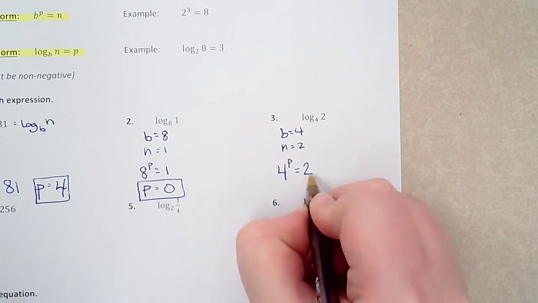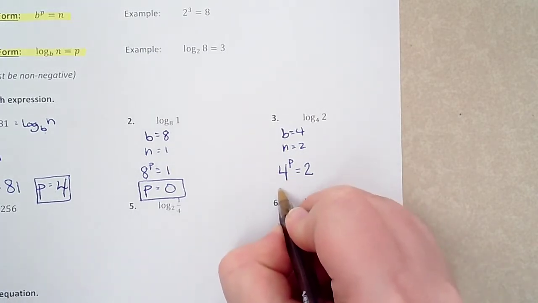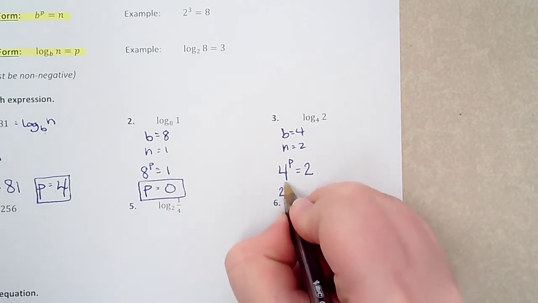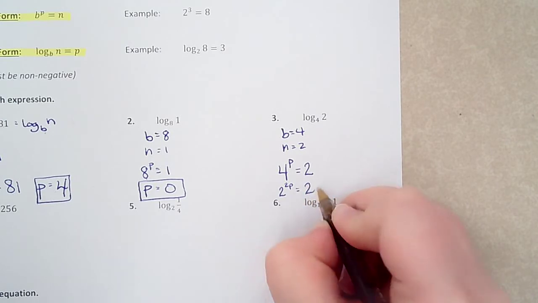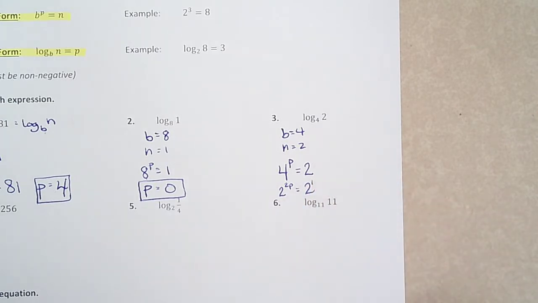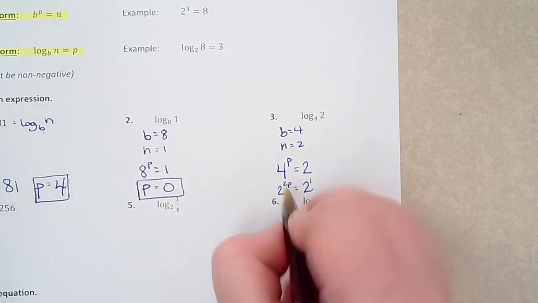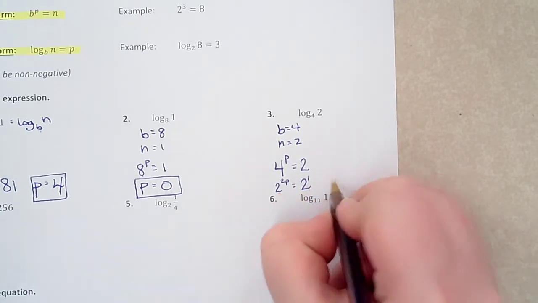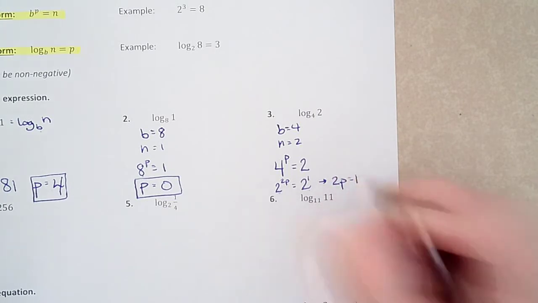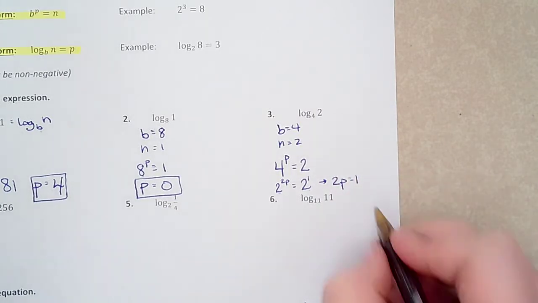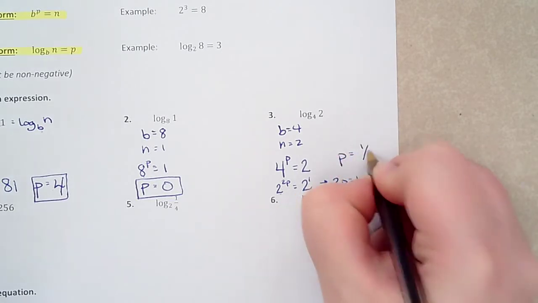Well, the other way we can do this, if we're not just super brain powered, is we can write this as a base of 2 raised to the 2p, like we saw in my last video, because we know 2 has a power of 1 on the right side. So if you're not into brain powering it, make sure your bases are the same and use our information that says the exponents have to be equal.